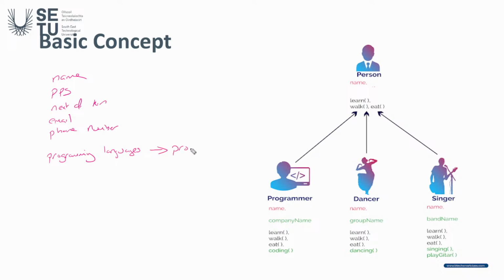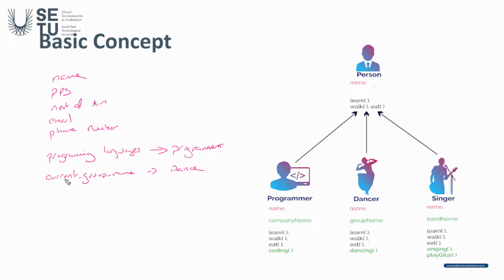And that's for the programmer. Can't spell. We might need to know the group, for the dancer, we might need to know their current group name. And that's for the dancer.